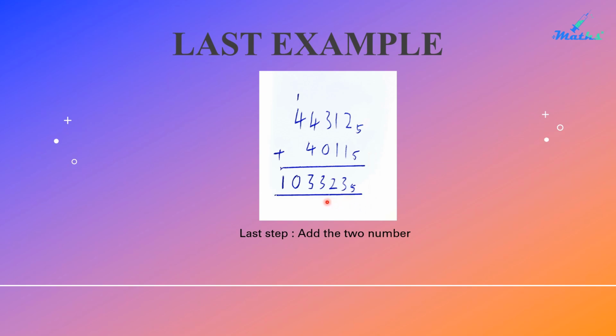And 1 plus 1 is 2, 3 plus 3 is 6... and 4 plus 4 here equals 8. And 8 is bigger than the base number. If bigger than, you need to add 1 to the front number and minus the base number. So here 4 plus 4 is 8, bigger than 5.